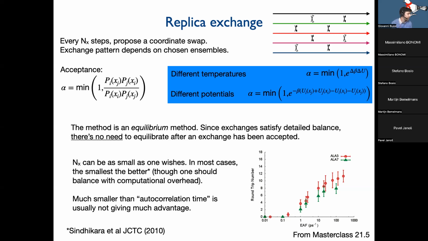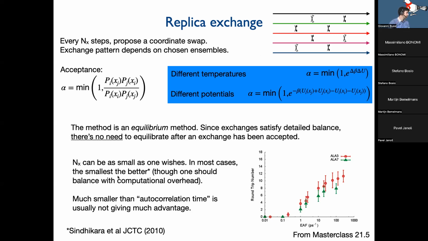I know people know this, but I try to stress it whenever I talk about replica exchange, because I think there could still be a misunderstanding that after an exchange, the system should equilibrate at the new temperature. It should not. If the exchange is accepted, it means that that set of coordinates is already equilibrated at the other temperature. Okay, good.